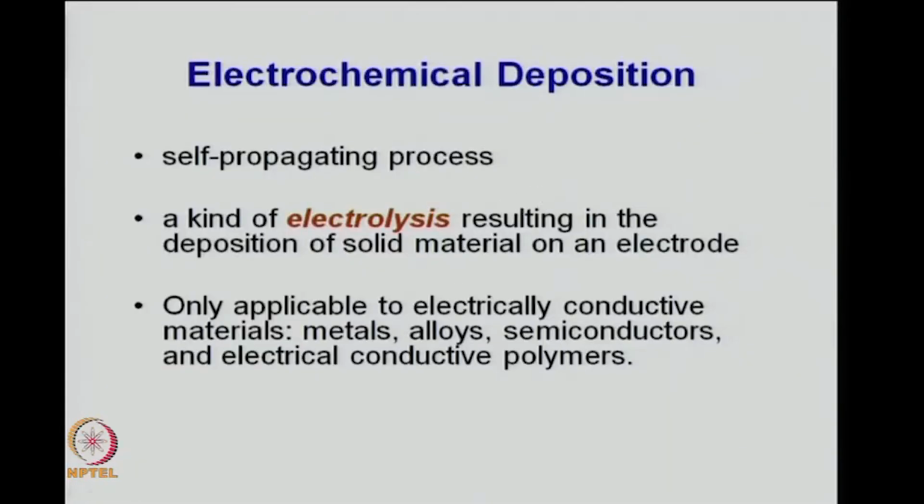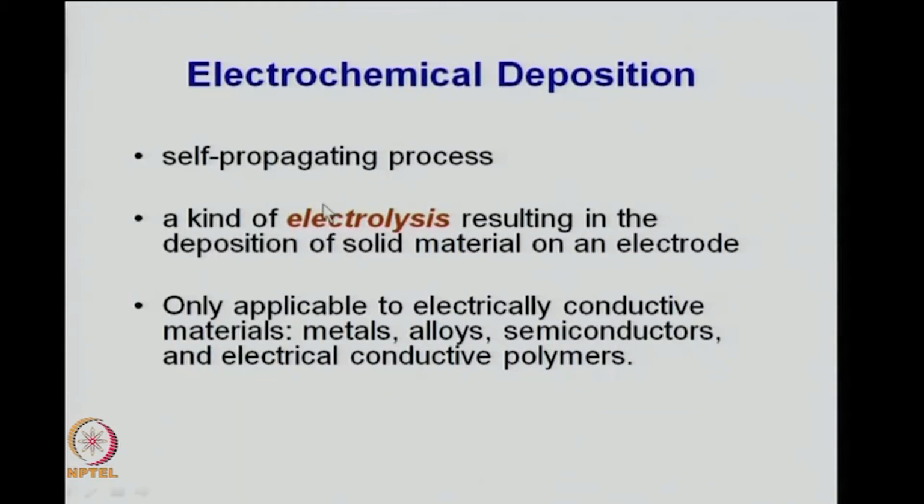All of you must know that in electrochemical deposition you need to have some kind of electrodes and you need to pass current. It is of course a self propagating process.